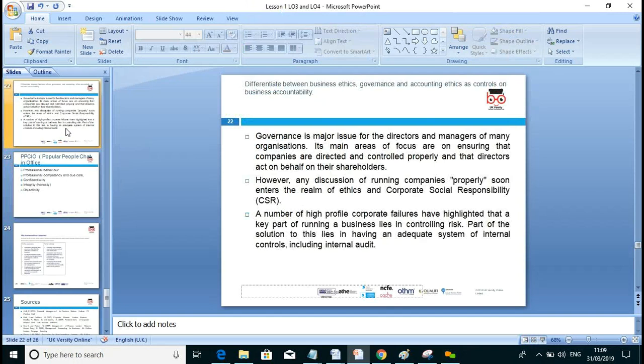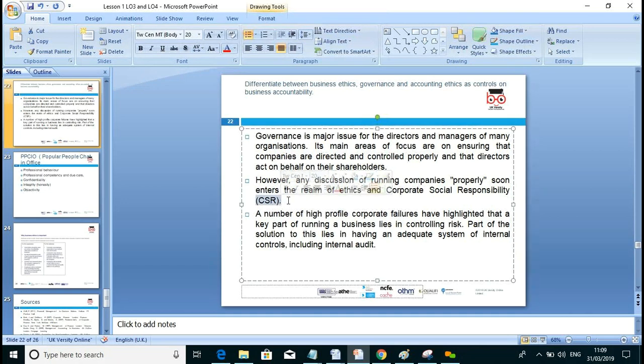Governance is a major issue for directors: how the directors will govern the company. Social responsibility, CSR: we are responsible for three things. We are responsible for profit in a business. We are responsible for the planet; we need to care about the environment.